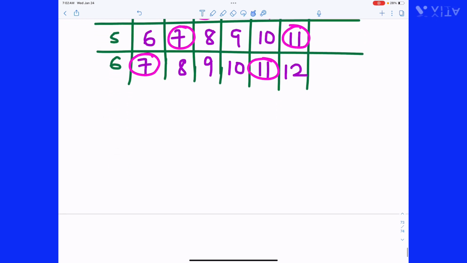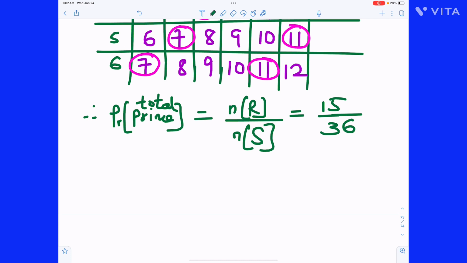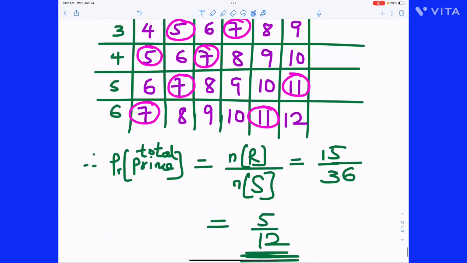So the probability of getting a total score which is a prime number is the number of required outcomes over the number of possible outcomes. That's 15 over 36, which is 5 over 12. That's for number 3.